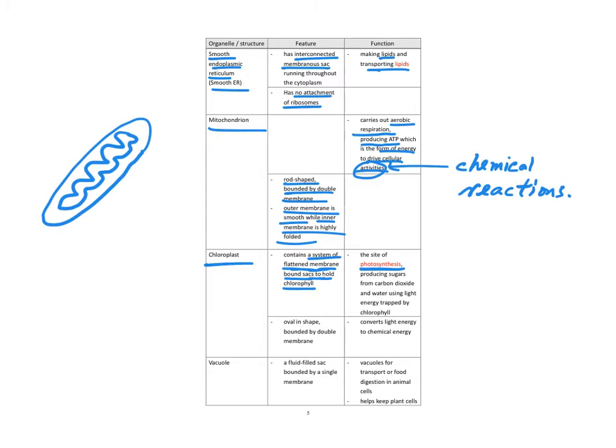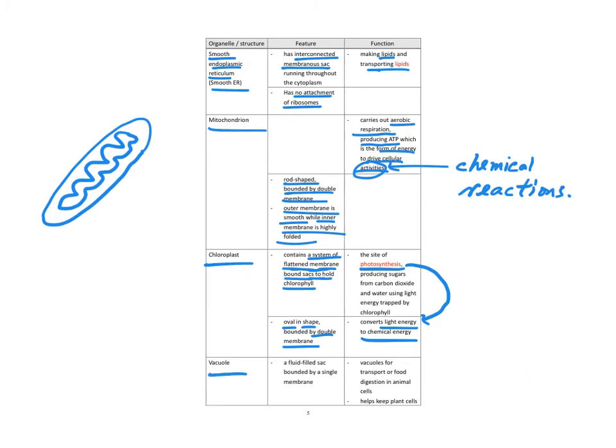It has another feature of being oval in shape, and it is bounded by a double membrane. It carries out photosynthesis by converting light energy to chemical energy stored in carbohydrates, the glucose, for example.